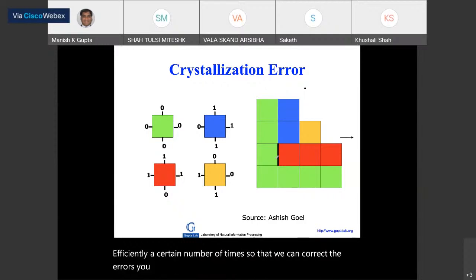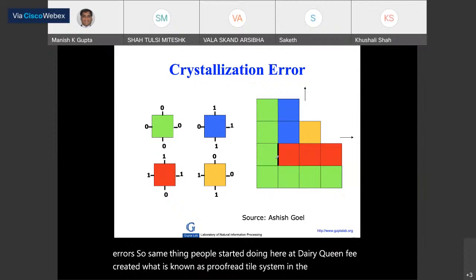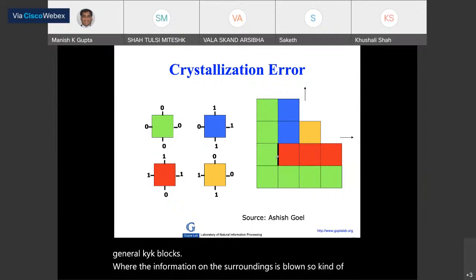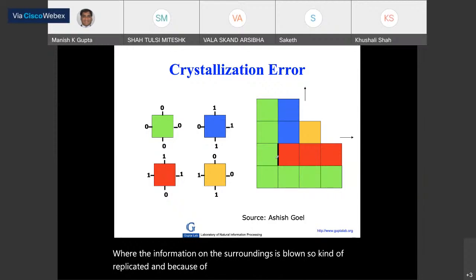So the same thing people started doing here, and Eric Winfree created what is known as the proofread tile system. In the proofread tile system, a tile is blown up into 2 by 2 or in general k by k blocks, where the information on the surroundings is blown up, kind of replicated, and because of that you are able to control the errors. So the error rate is down because of this.